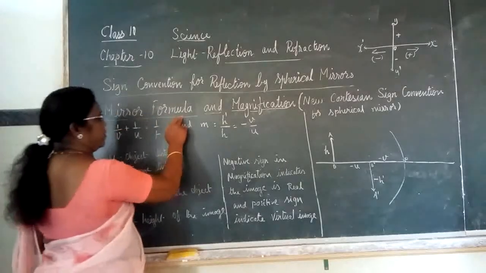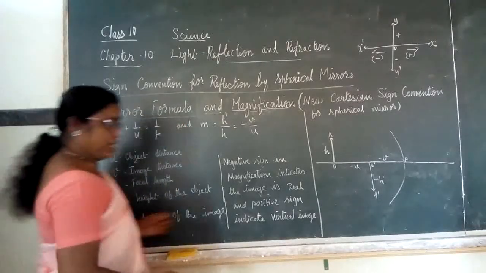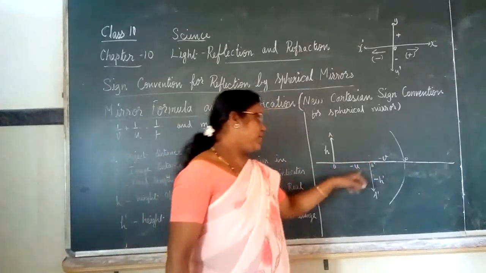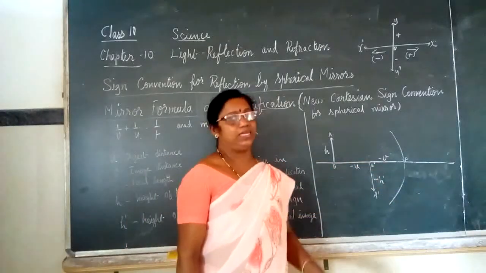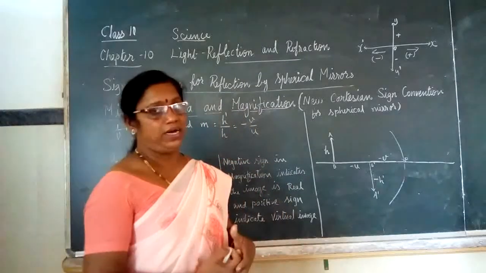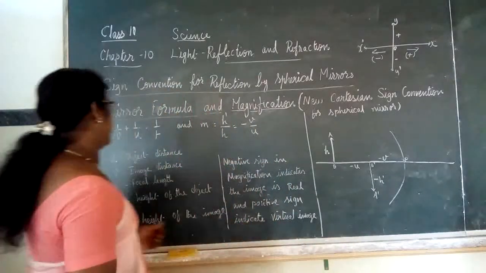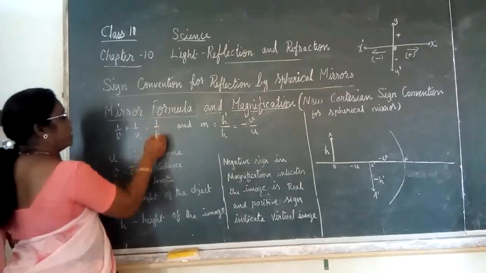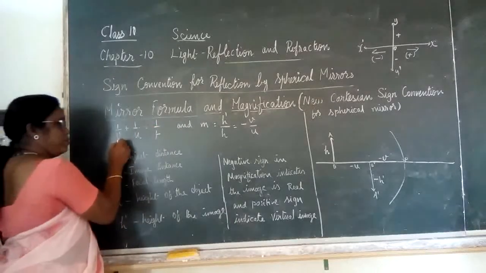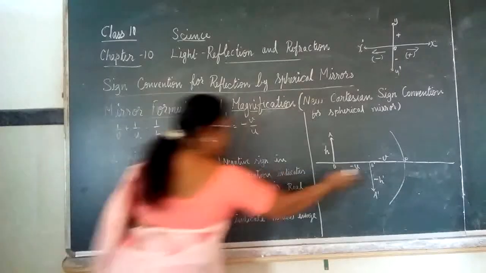Okay. Now, what about the mirror formula? The object distance, image distance and the focal length. These three together form the mirror formula, that is 1 by V plus 1 by U is equal to 1 by F. That is the reciprocal of the image distance.